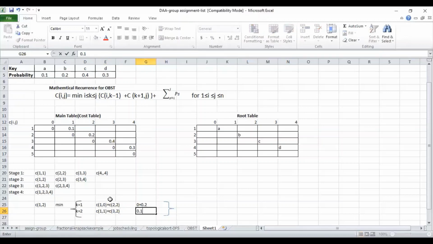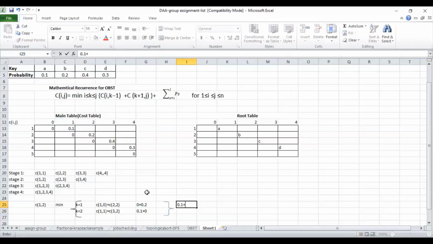Hence 0.1 plus 0. Out of these 2 possibilities, when K is equal to 1, or when A acts as a root node, the cost is 0.2, and when K is 2, that is B as the root value, the cost is 0.1. So the minimum among these would obviously be 0.1.